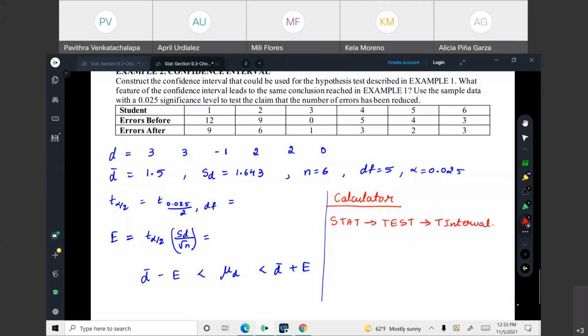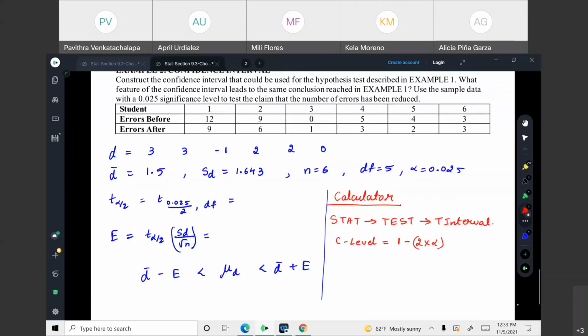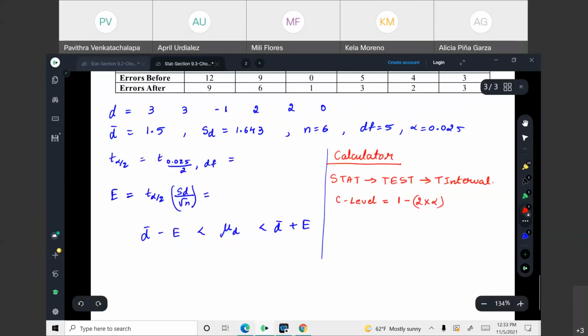If you're doing it in your calculator, it will ask you for the confidence level. The confidence level in this example is not given. If the confidence level is not given, you can take the confidence level to be equal to 2 into alpha. You know alpha, which is 0.025. Just plug this in and calculate. Or you can also do it in this way.